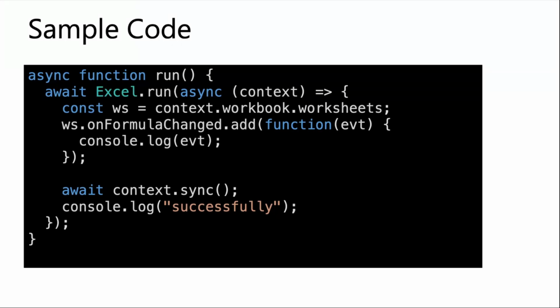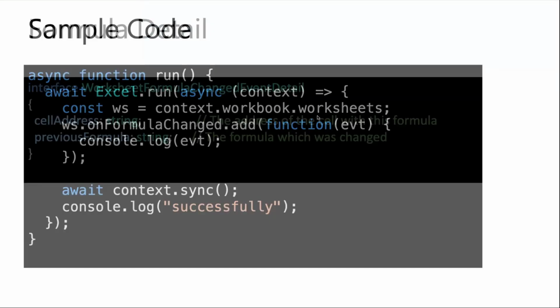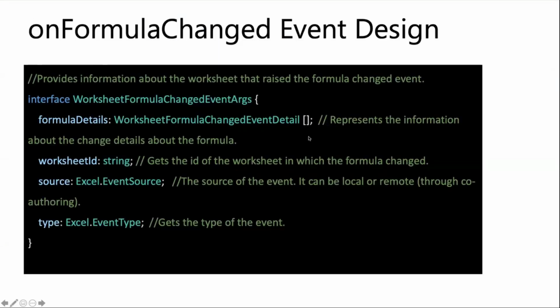Okay, I see. What if multiple cells are changed at the same time, like say a paste operation? Will you get all of them? That's a great question, Josh. If you Ctrl+C and paste multiple formulas, this is actually an array, which represents the information so that we can enable multiple ranges.